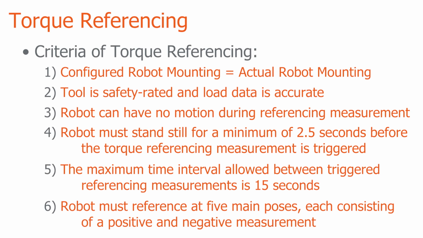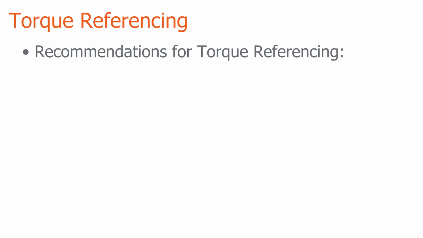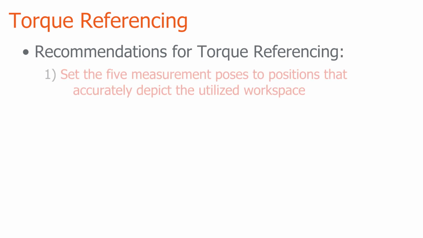In regards to recommendations for torque referencing, it's good to start off by modifying the torque referencing measurement positions such that they represent the edges of the utilized workspace for your application. This will provide a more accurate representation of the torques that the robot can encounter during the application.